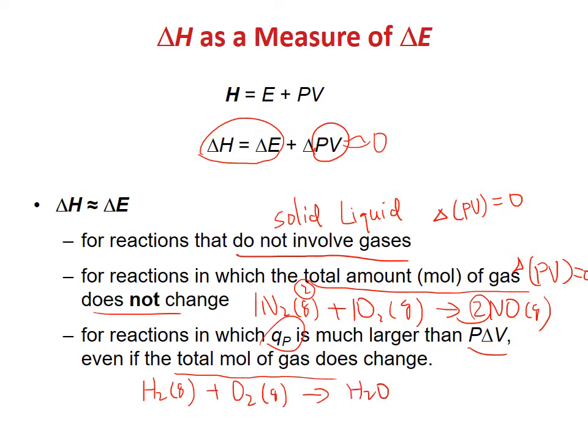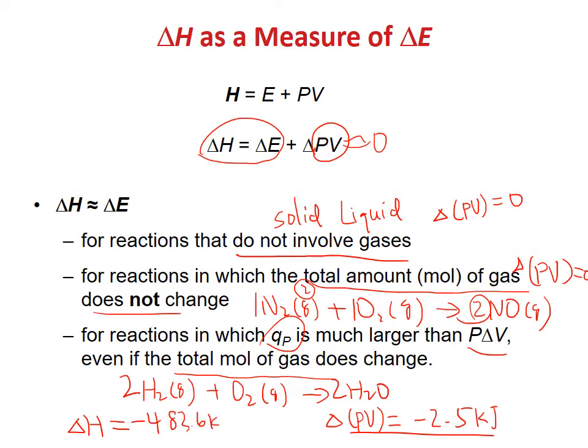For this reaction, the delta PV change is about negative 2.5 kilojoule, and the QP, or delta H enthalpy change, is negative 483.6 kilojoule.